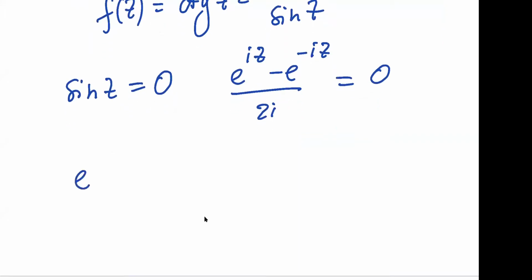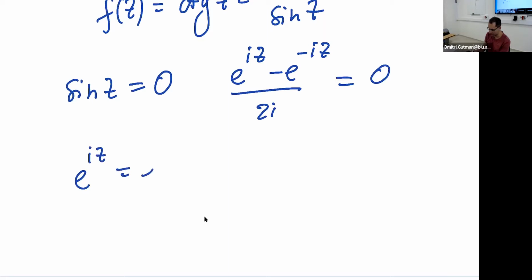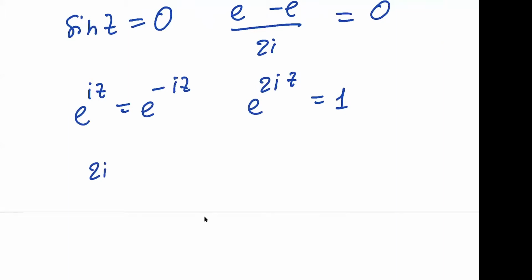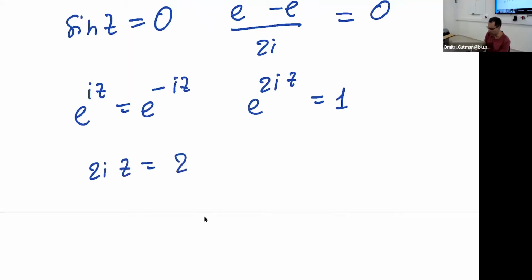N pi. Okay, let me get there slowly. Or e to the power 2iz is equal to 1. So it means that 2iz needs to be equal to 2 pi i, let's call it k.